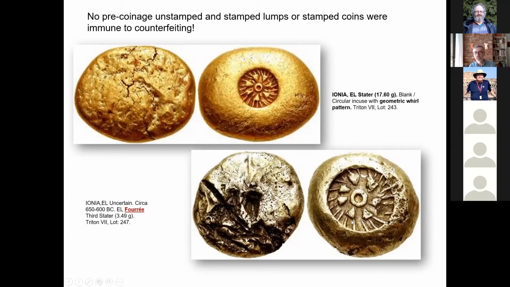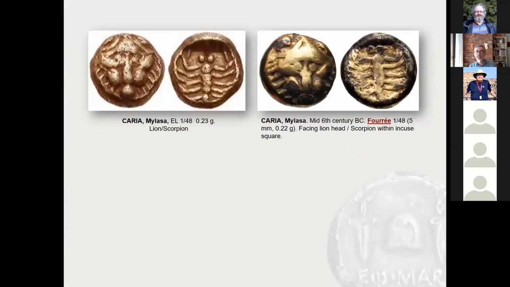It's absolutely mint work. It's not an individual crook following and doing this. They were producing pure coins alongside they were producing counterfeits. And everyone simply was following each other's path. Each mint was following the other mint.